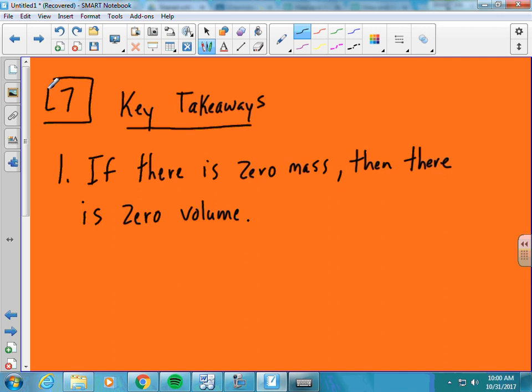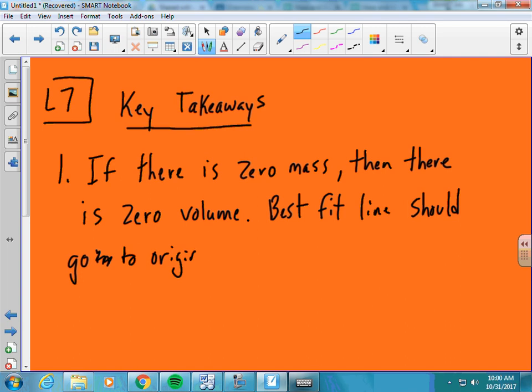So doing mass and volume, the best fit line should be going through the origin. Should go to the origin. And origin is just 0 on the x-axis and 0 on the y-axis. Okay?